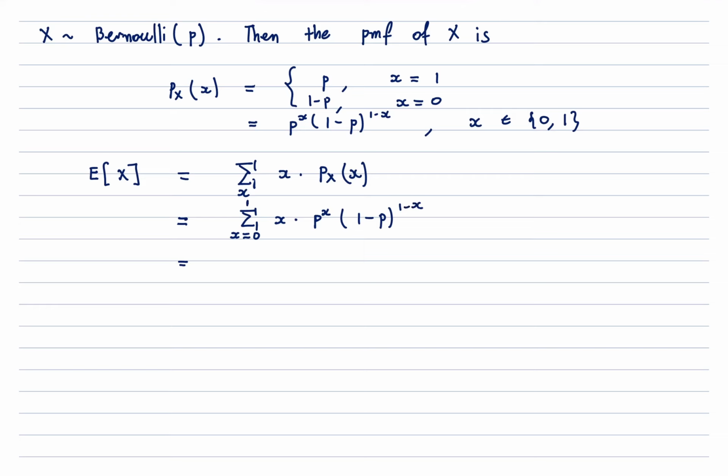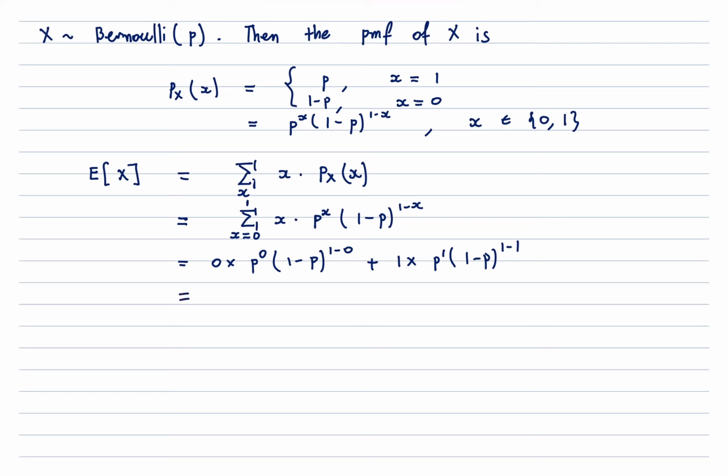Plugging in our values of x of 0 and 1, what we get is 0 times p to the 0, 1 minus p to the 1 minus 0, plus 1 times p to the 1, 1 minus p to the 1 minus 1.